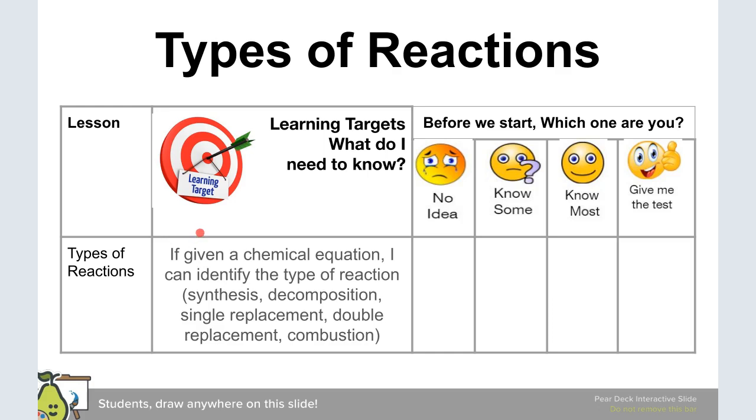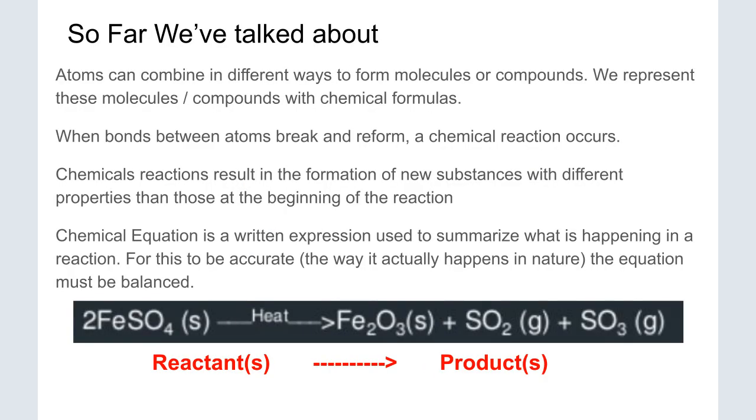All right, so given the type of reaction, I can identify the chemical equation and identify it as a synthesis, decomposition, single replacement, double replacement, or combustion reaction. So far we've talked about how atoms can combine in different ways to form molecules or compounds.